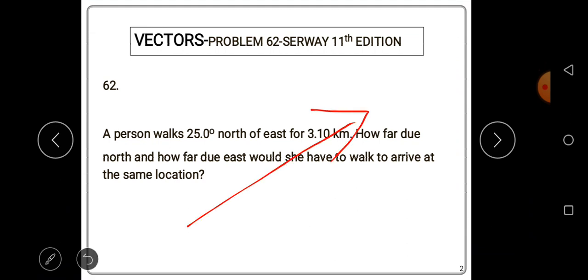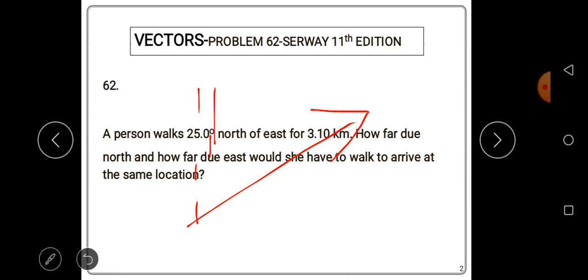How far due north? They are asking us to find the y component of the vector. Then how far due east? They're asking us to find the x component of the vector.